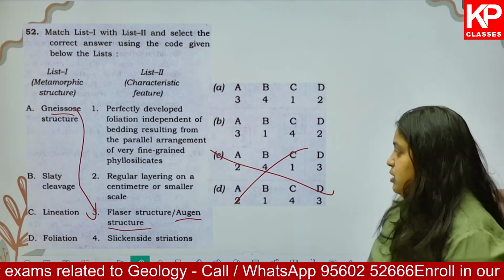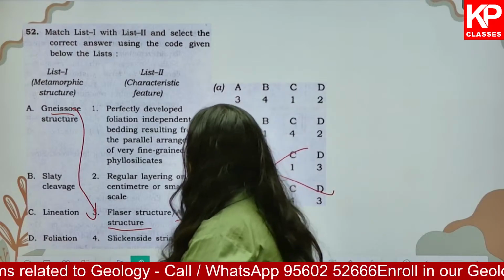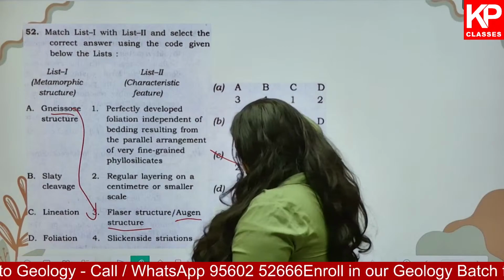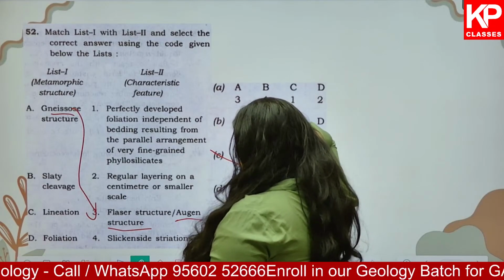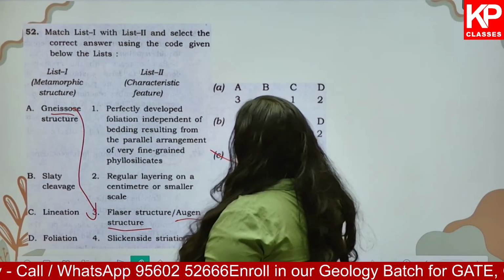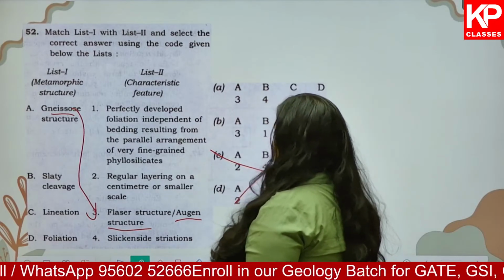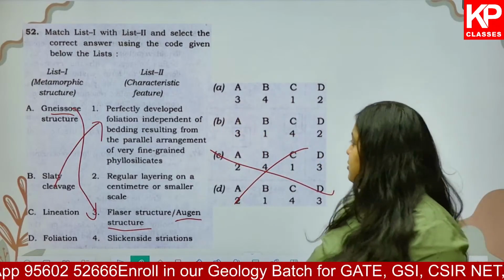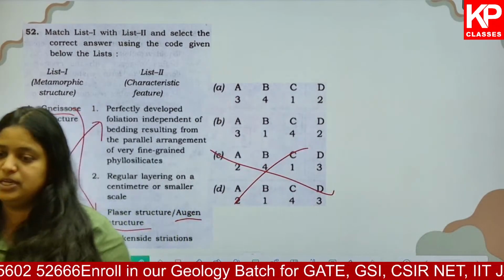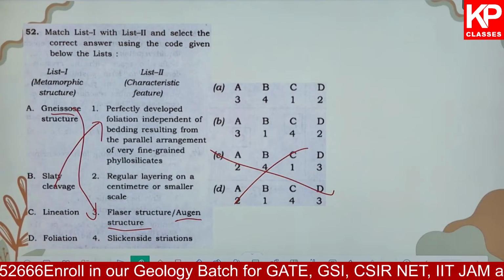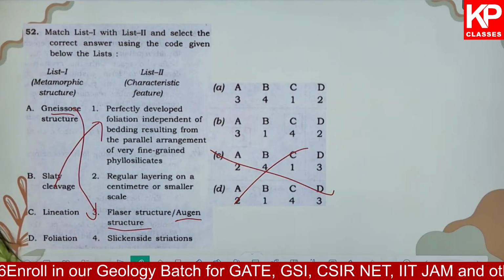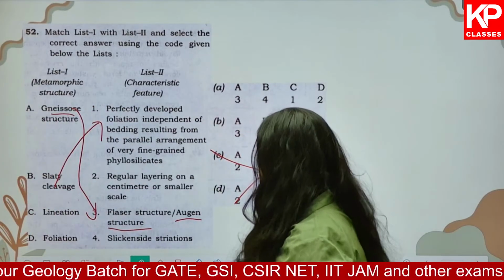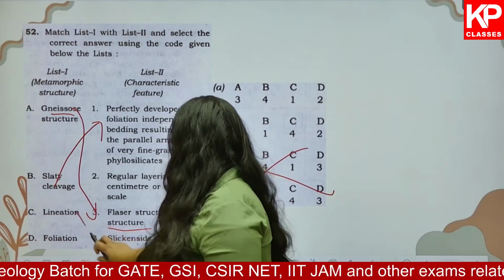Okay. Now the next one, slaty cleavage, lineation and foliation. A perfectly developed foliation independent of bedding resulting from the parallel arrangement of very fine grained phyllosilicates. Which one will that be? That's the slaty cleavage, right? Yes. Now, when it comes to lineation, slickenside striations are lineation.